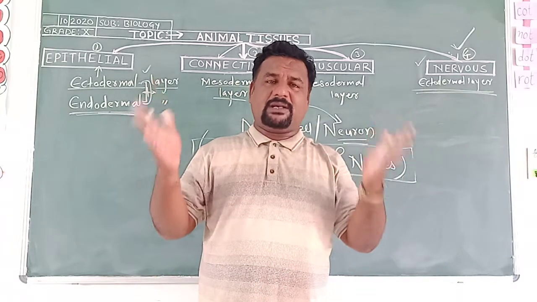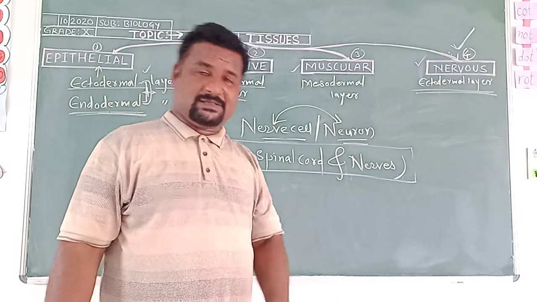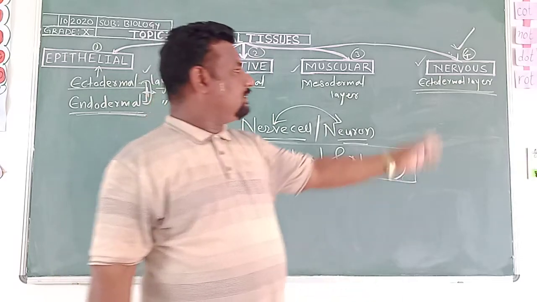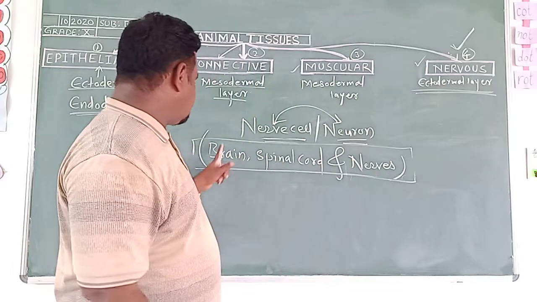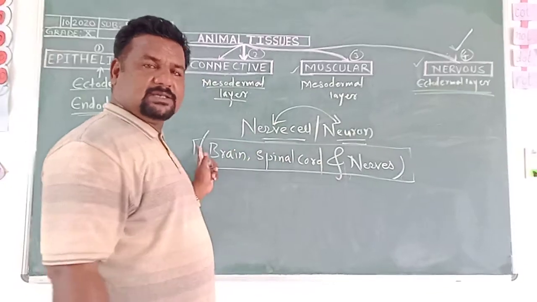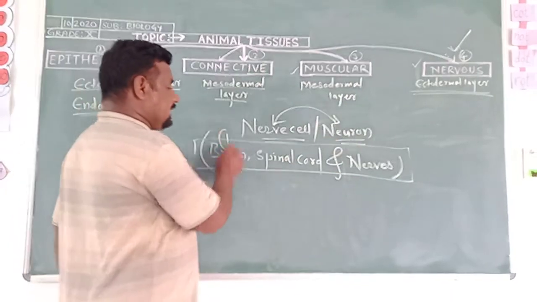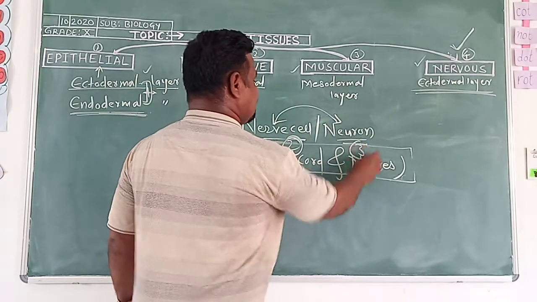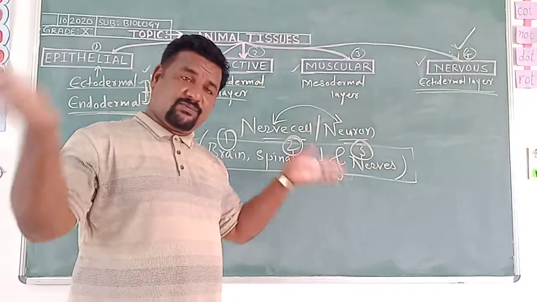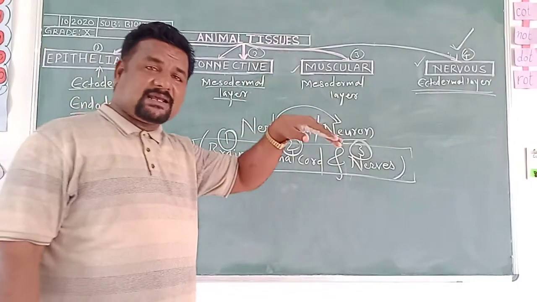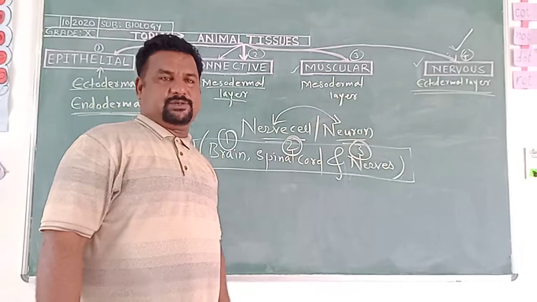This property is present due to the presence of the nervous system, and the nervous system is composed of nerve tissues, which make the brain, spinal cord and nerves. These three organs collectively form which system in our body? The nervous system. And for the formation of these organs, which cells are responsible? Nerve cells or neurons, which are present in the nerve tissues.